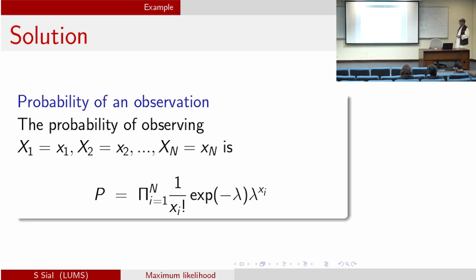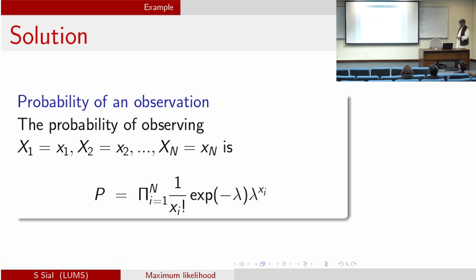Now if we think of this as a function of lambda, that's our maximum likelihood function. And the logarithm of that would be the log likelihood function. Now note that this e to the negative lambda is a constant, so it can be pulled out of the product.